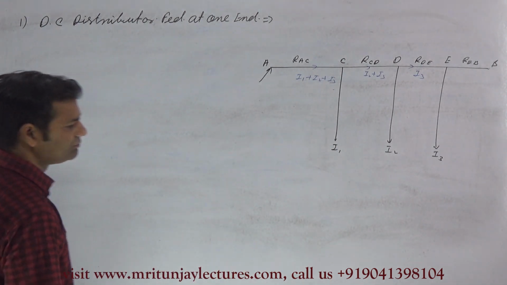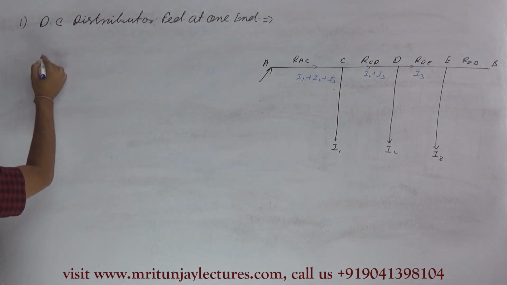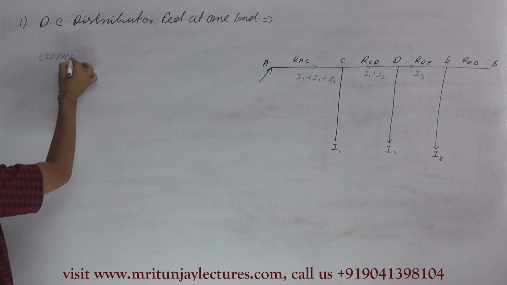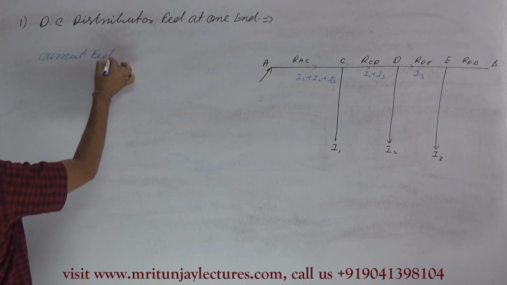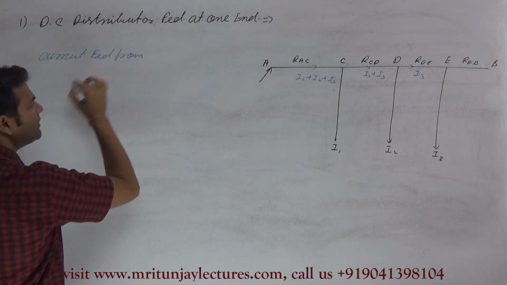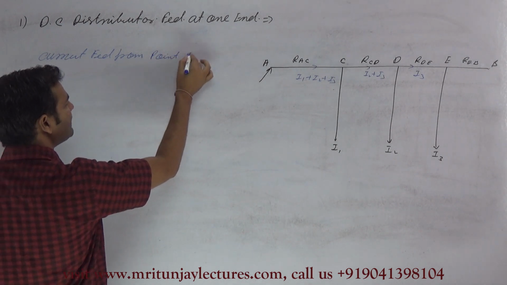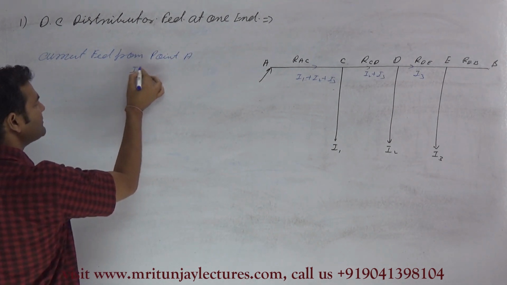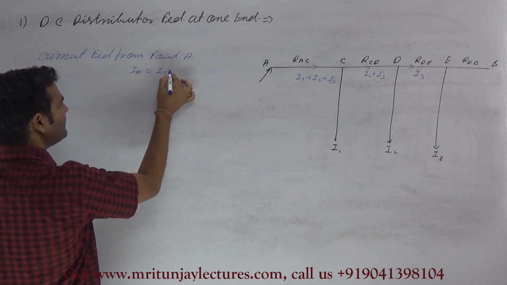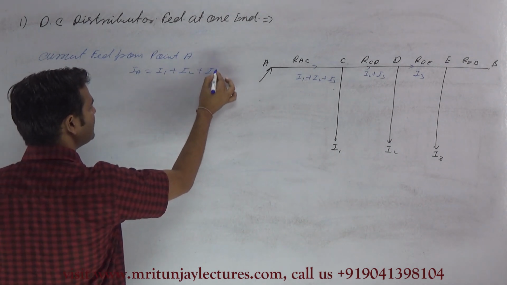The current fed from point A, that is IA, is equal to I1 plus I2 plus I3.